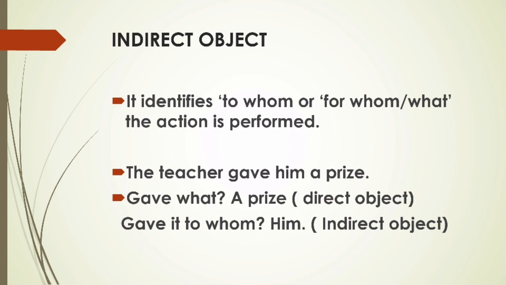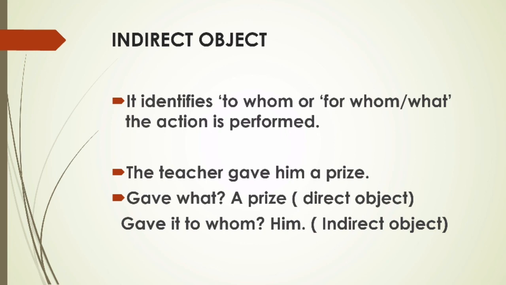When we look at this sentence, first of all, if we put a question after gave, which is our verb, gave what, what are we getting as an answer? A prize. So the answer you get after what is our direct object. So a prize is the direct object. And if we put the question whom, like gave it to whom, किसको दिया उन्होंने prize, the answer that we are getting is him. So him will be the indirect object.